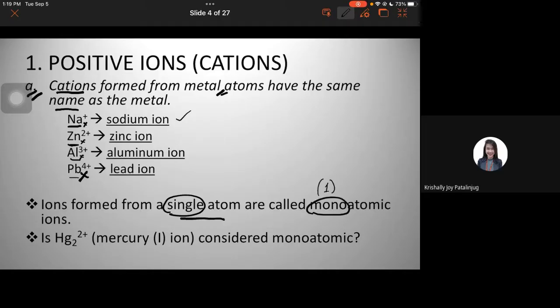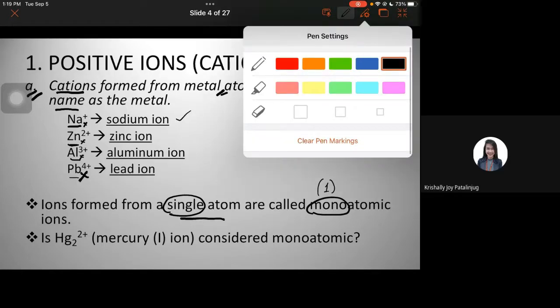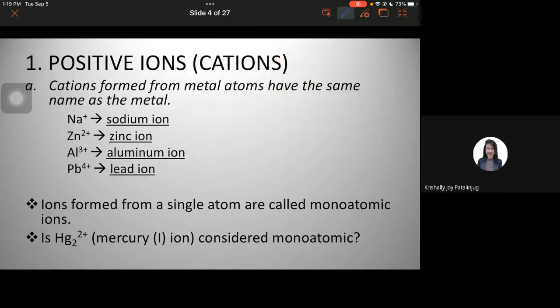If the ion only contains one atom, then it is known as a monoatomic ion. The rest of the examples in the list of ions I provided to you are all monoatomic ions because they are just a single atom carrying a charge.